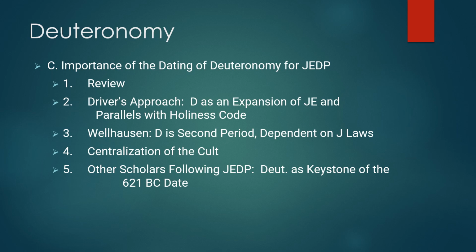Moreover, that code can be more precisely dated with a greater measure of probability than any other, for it is in highest degree probable that the law book on which Josiah's reform was based was the book of Deuteronomy, and that the book first became publicly known at that time. End quote. Again, you see, this whole theme of the book being found being Deuteronomy is central because the other documents are dated in relation to it.